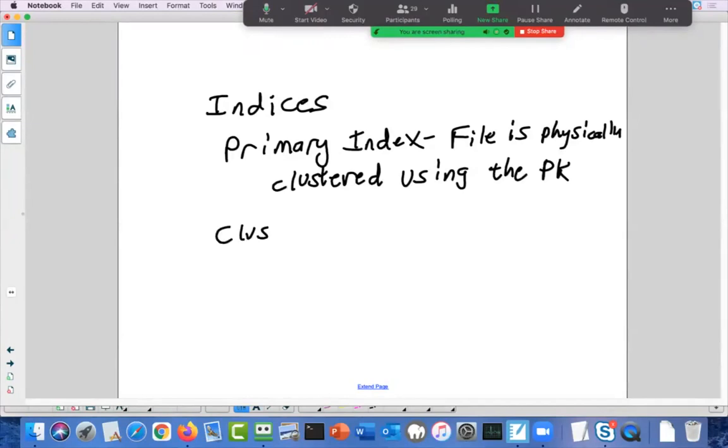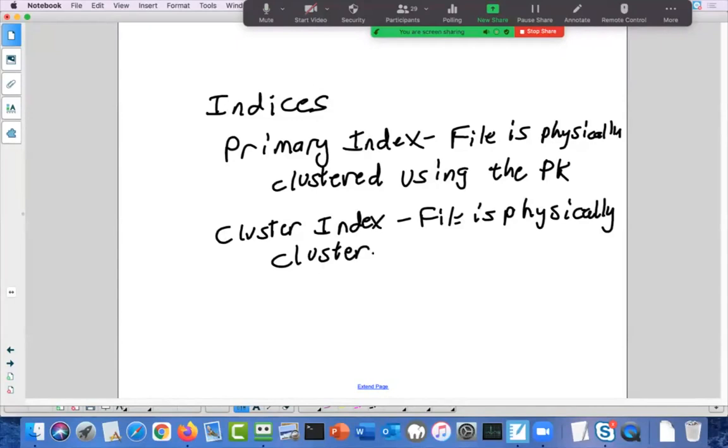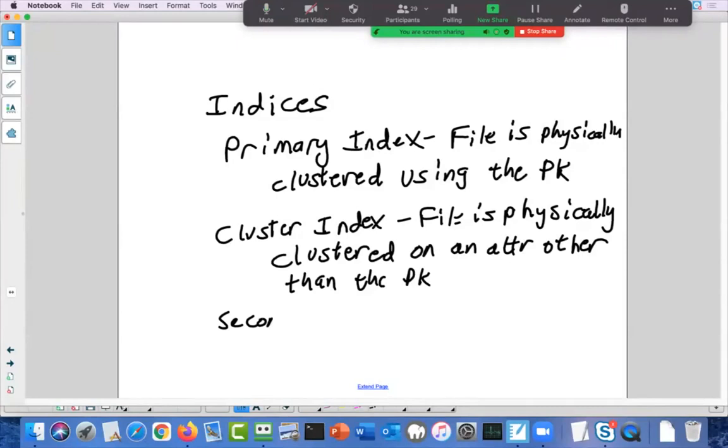It could be a cluster index, which means the file is physically clustered on an attribute other than the primary key. Or it could be what's called a secondary index, in which case it's an index on a non-clustered attribute.